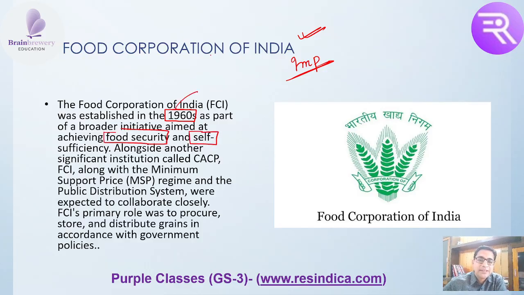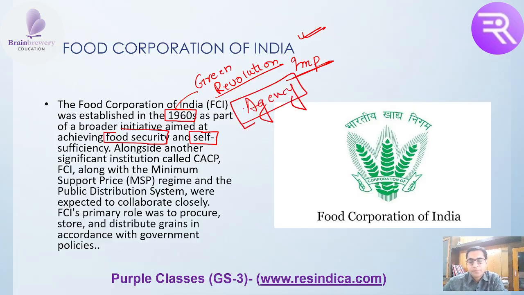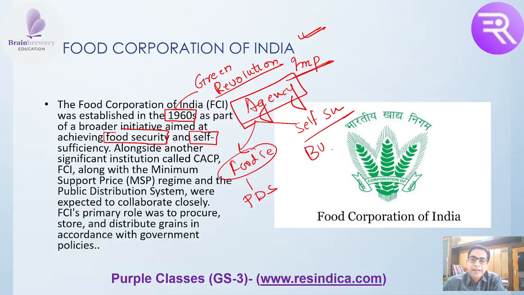You know, during the 1960s we were doing the Green Revolution, so there would be a bumper production of food grain, and we needed an agency who can keep the food grain that is being produced. This agency works to support the food security mission and also self-sufficiency. So food security by sending grain to the PDS system, and self-sufficiency by maintaining the buffer stock.